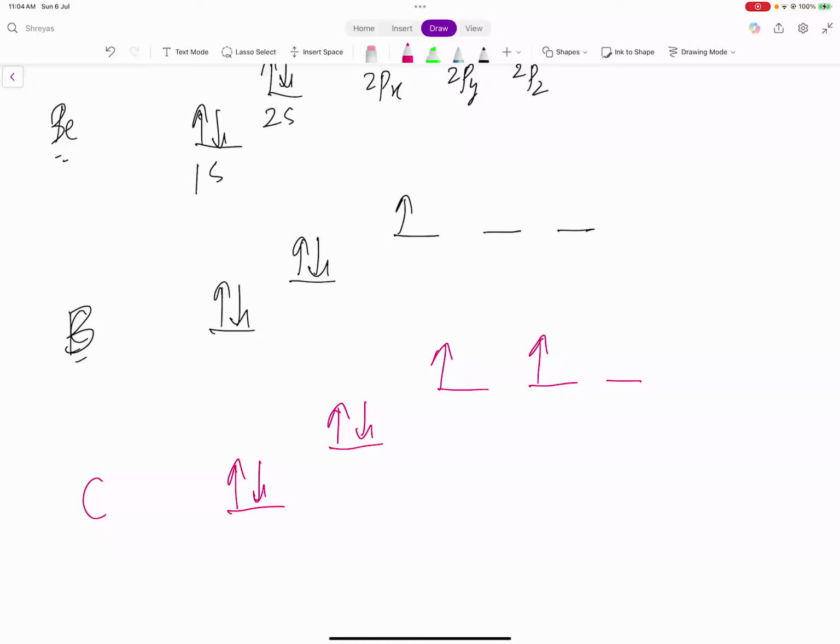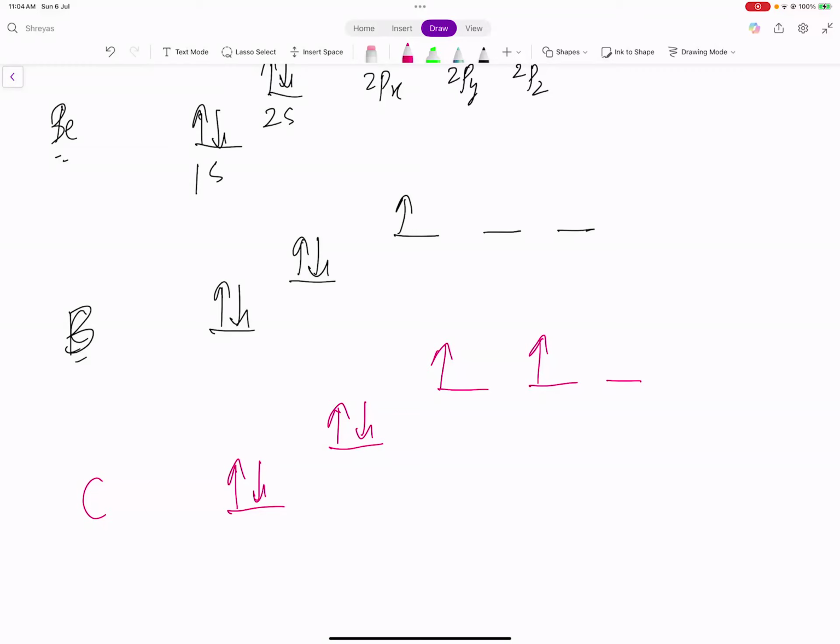Got it? Now you think of nitrogen. There's one more upward arrow, the third. Then oxygen, there's one downward arrow on a 2px.